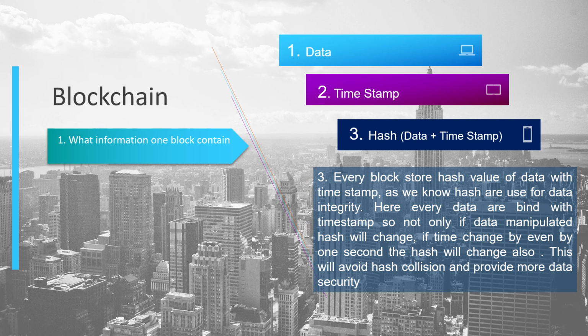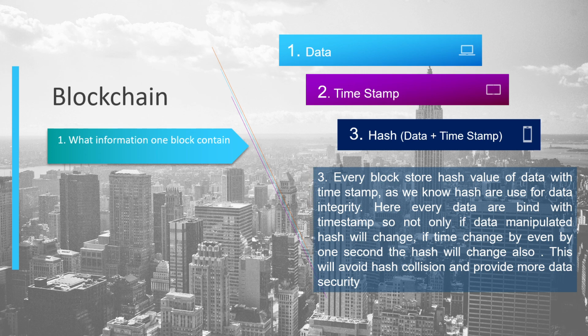Now what is the benefit of a timestamp? Now if you add a timestamp with the second also, so even if 1 second passes, the timestamp will be automatically captured from your system. Now if you are creating this data at a time like 2 a.m. and 10 seconds, and you are going to share the data through the network, and if there is an attacker who needs to change the data, then he has to follow the same timestamp.